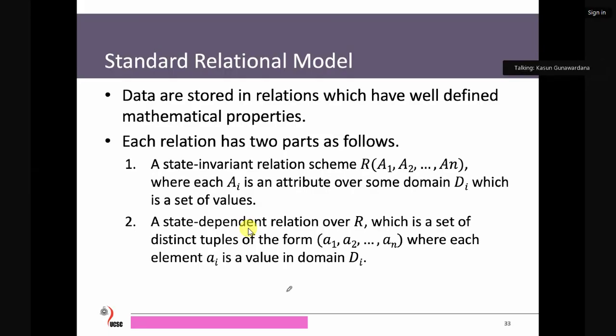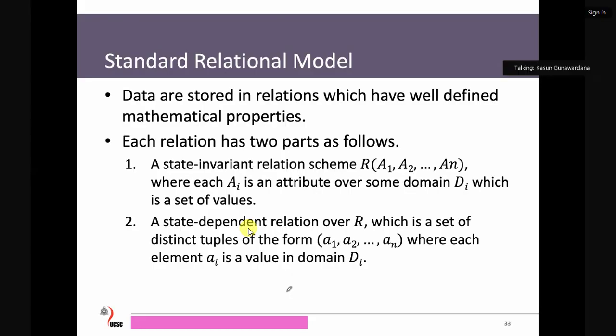In the standard relational model, not the multi-level relational model, data is stored in relations which have well-defined mathematical properties. Each relation has two parts. If you take a typical relational database management system, in each relation we see two parts.